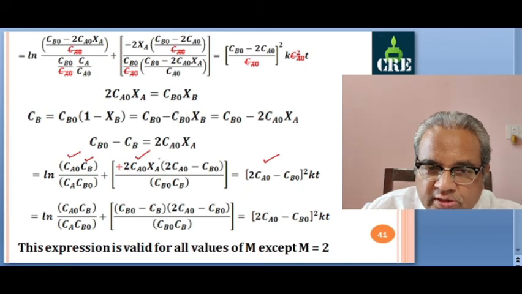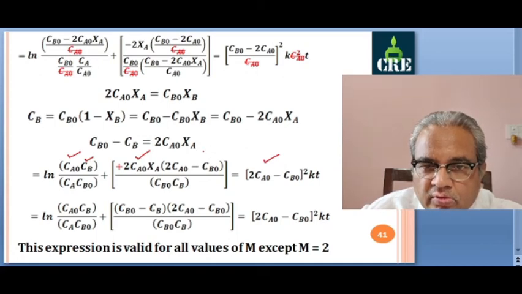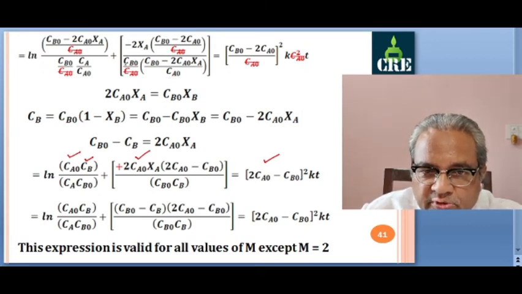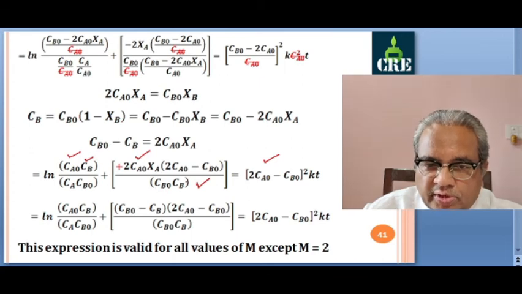So I get here 2CA0XA into 2CA0 minus CB0. And this we have taken in the numerator already. We are left with CB0, and CB0 minus 2CA0XA is simply CB. So CB0 into CB is in the denominator.